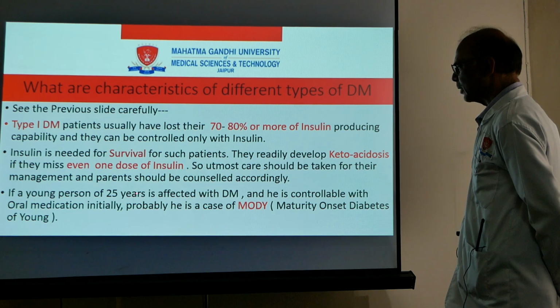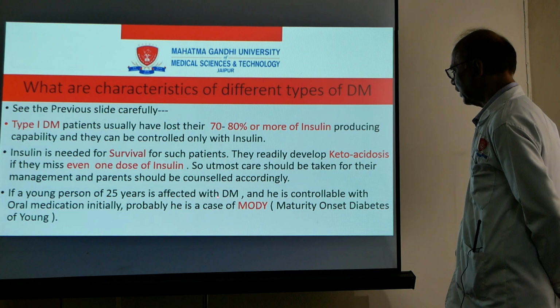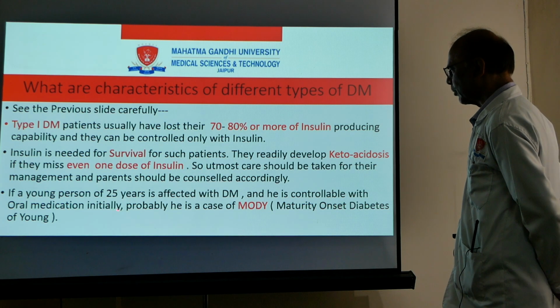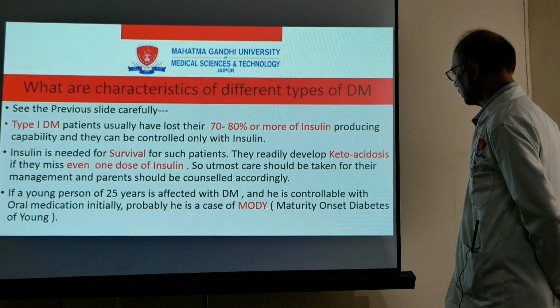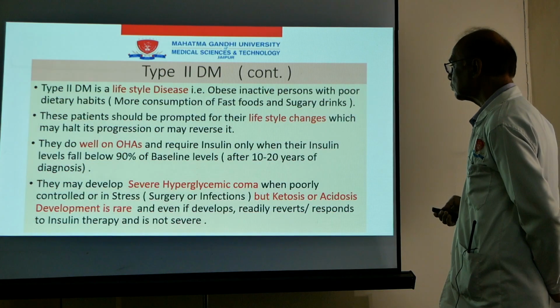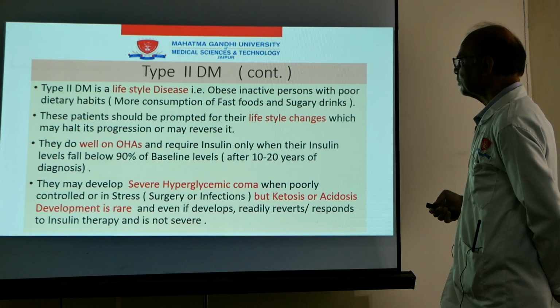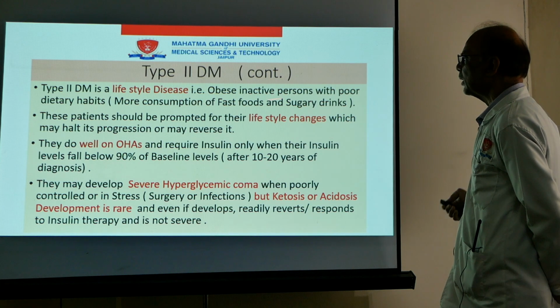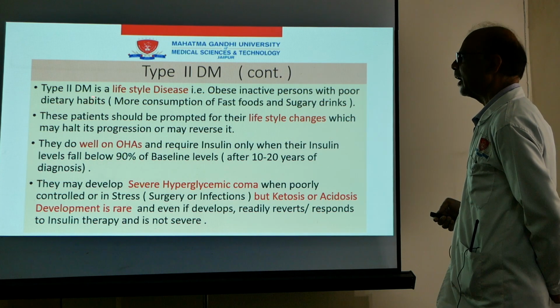If a young person of 25 years is affected with diabetes mellitus and is controlled well with oral medication initially, probably he is a case of MODY, that is maturity onset diabetes mellitus of the young. Type 2 diabetes mellitus is usually termed a lifestyle disease because it happens in obese and inactive persons with poor dietary habits and high BMI.